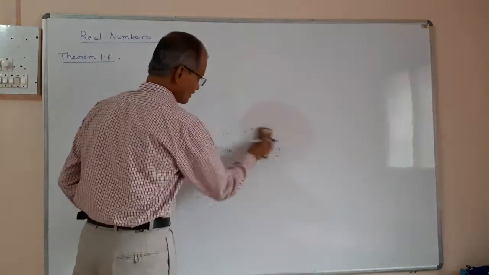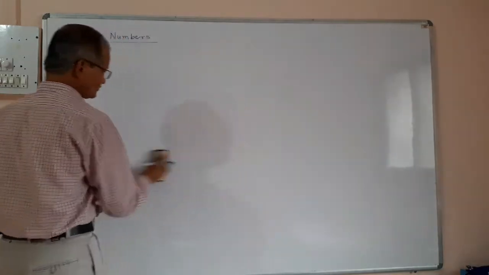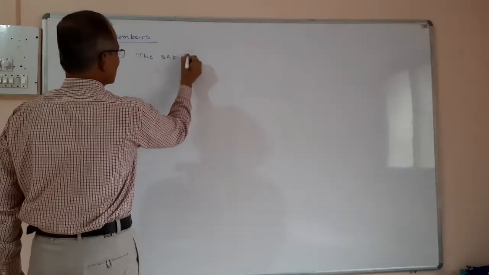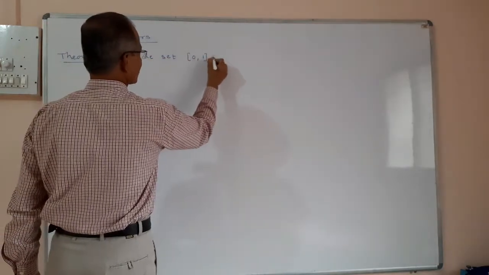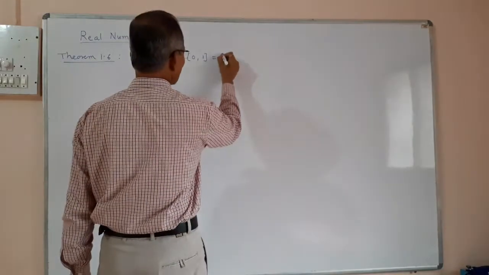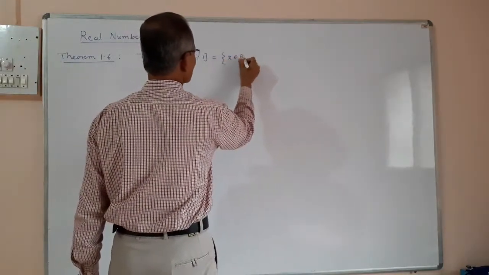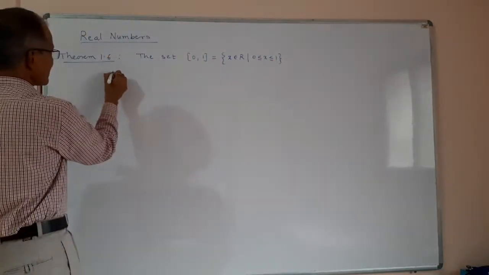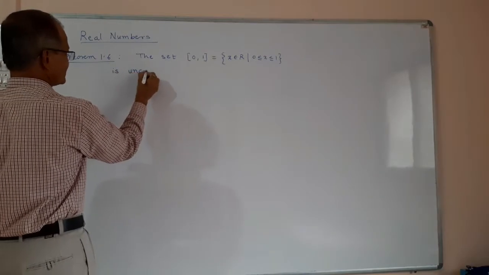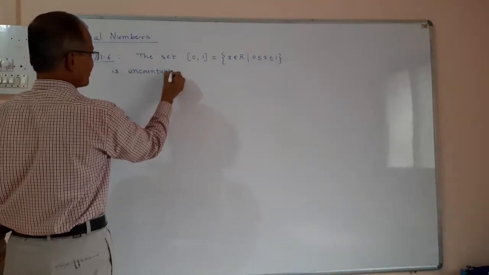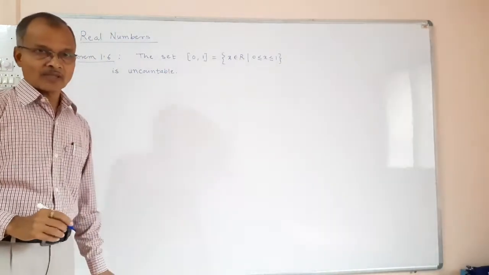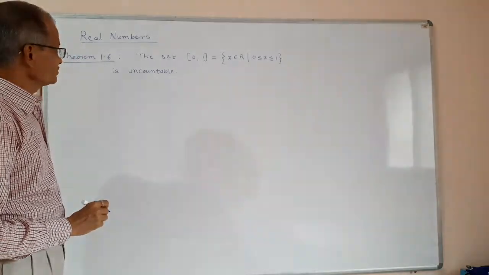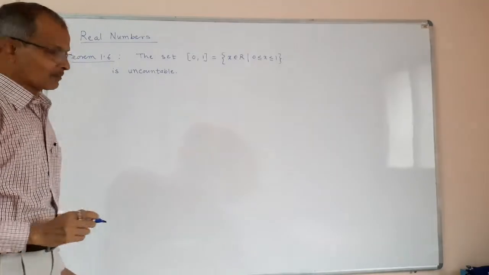In this theorem we shall prove that the closed interval 0 to 1, which can be written as x belongs to R such that 0 is less than or equal to x is less than or equal to 1, is uncountable. This is our result. We want to prove this set is uncountable. We shall prove the result by an indirect method, that means we shall assume the contrary. Suppose this set is countable.